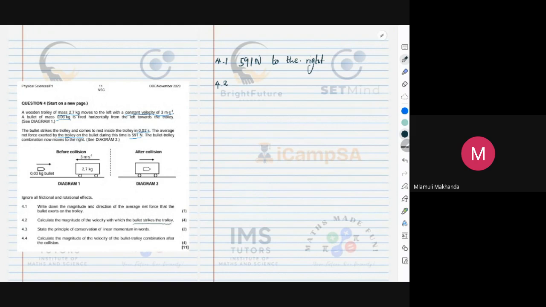So that means we already have our final velocity, right? We can use two ways to calculate this, but let's start with what I taught last time we met. We have impulse. With impulse, we have F net times the change in time equals the change in momentum.